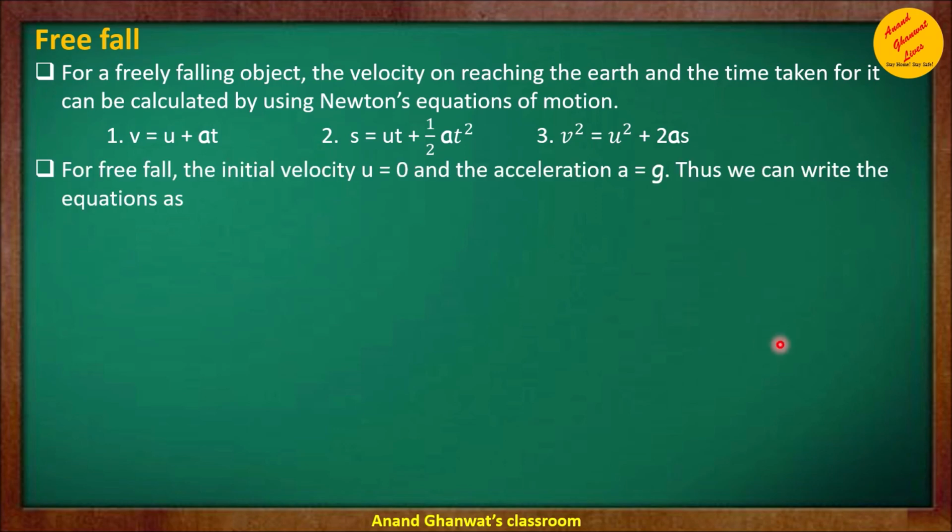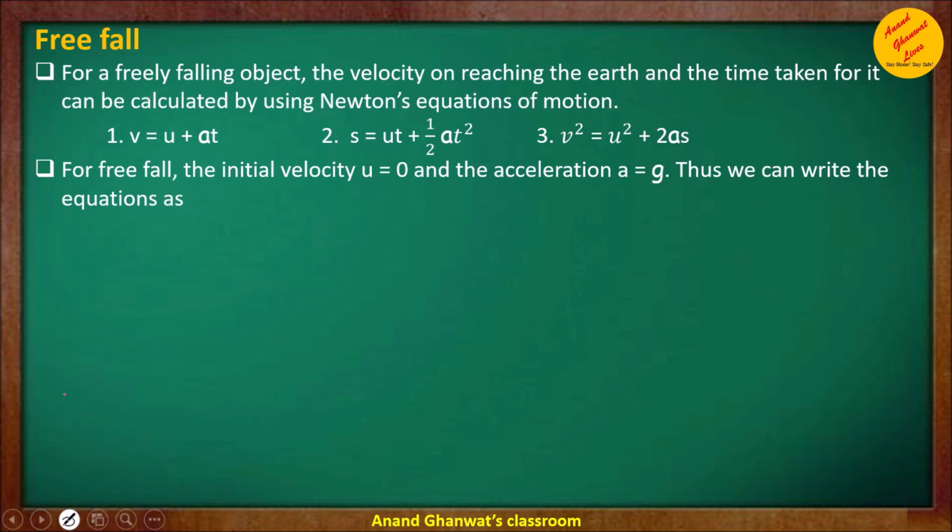Now for free fall, when an object is in free fall, only gravitational force is acting on it, the initial velocity is 0, therefore u = 0. The acceleration is equal to acceleration due to gravity, so a = g. Now put u and g in the above three equations.